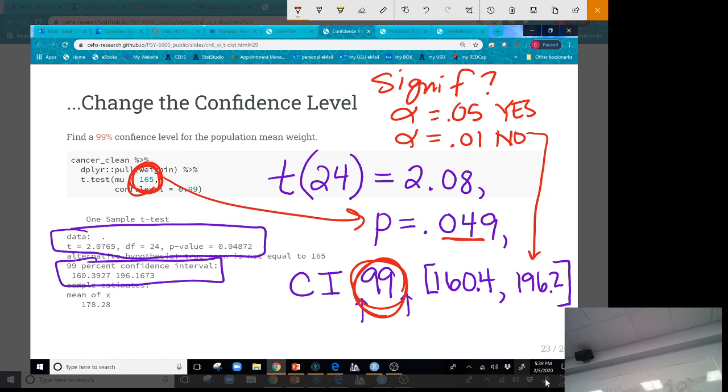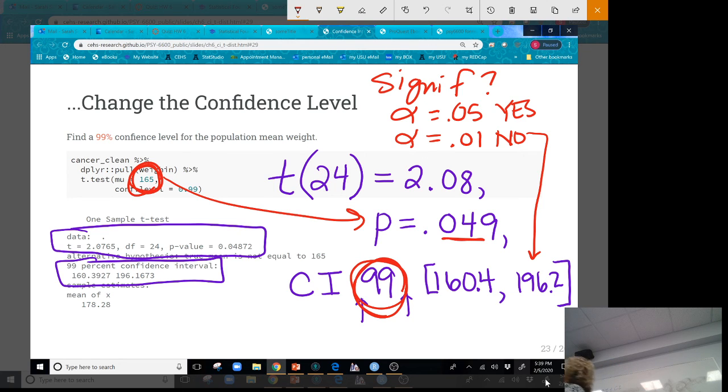Because this result is significant at the 0.05 level, but it's not at the 0.01. By doing the exact p-value, we can see that, and including this 99% confidence interval helps clarify that the average 178 is bigger than 165, but are we sure that the population as a whole is bigger than 165 on average? We're kind of on the fence there. It's statistically significant, but barely.